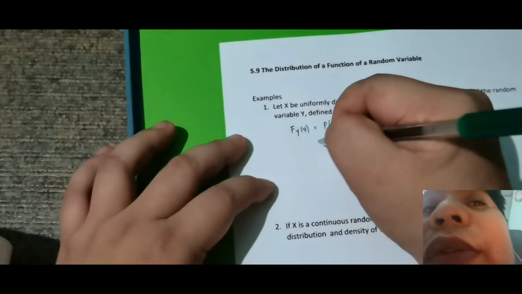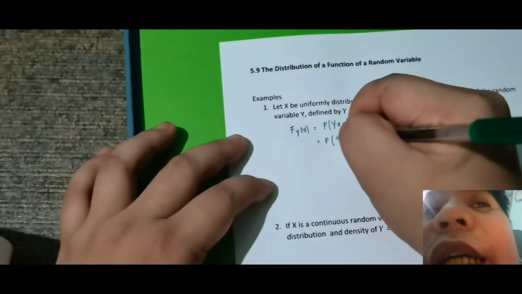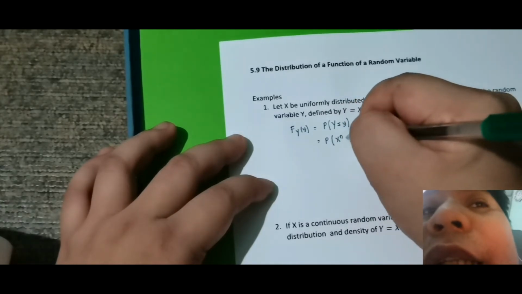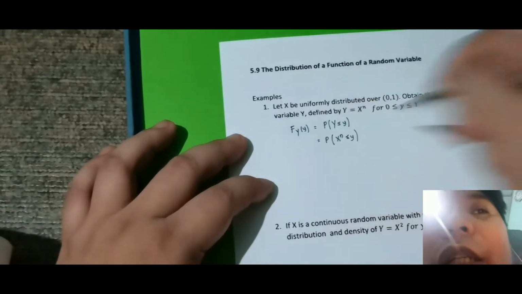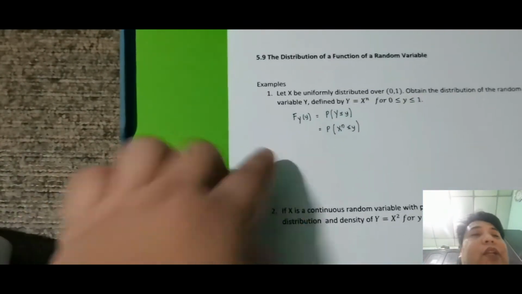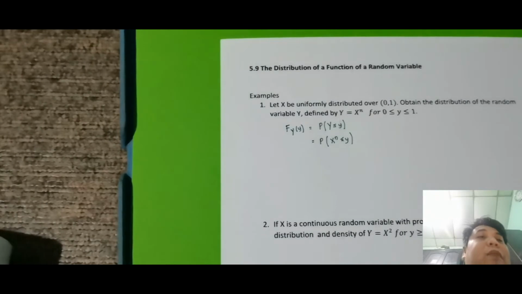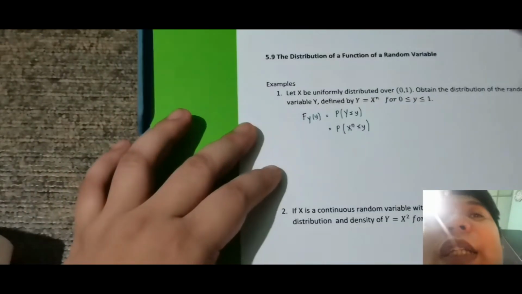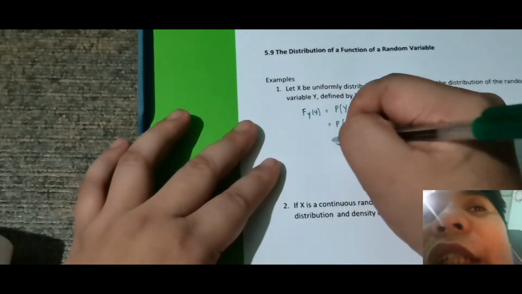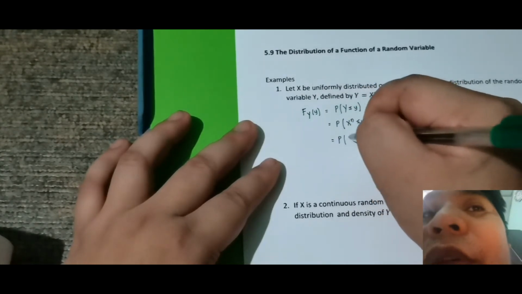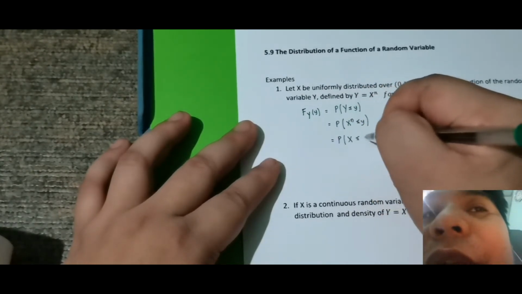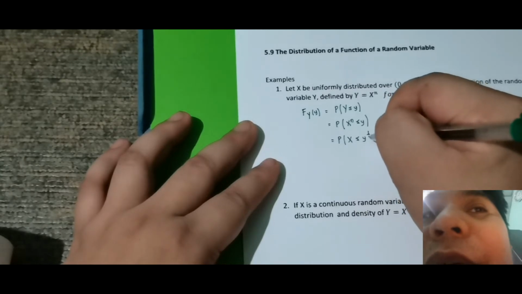Okay, next is, note that y is equal to x raised to n. Okay, so this is just equal sa probability ng x raised to n less than or equal to y. So, paano natin matatanggal yung n dyan? So, para matanggal yung n dyan is ikunin natin yung nth root or simply erase natin sa 1 over n both sides. So, pag na-erase natin by 1 over n both sides, this is just equal sa probability of x less than or equal sa y raised sa 1 over n.